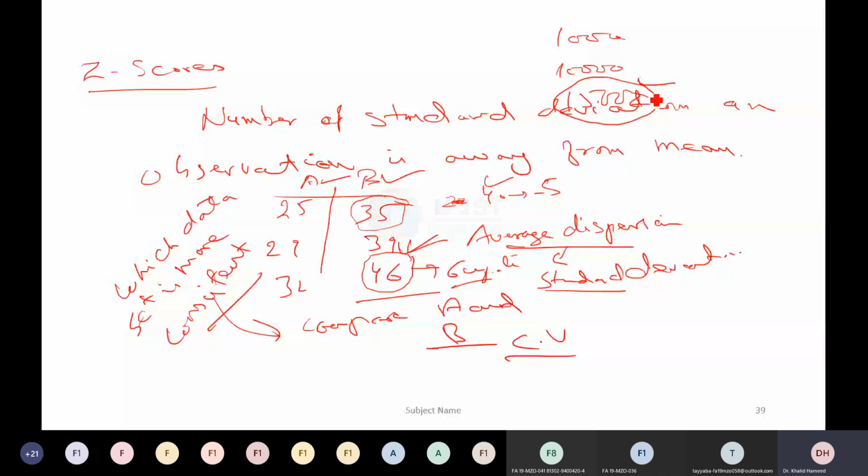So if I ask you to compare this observation, whose units are very, very different, with this one, which one is more away from the mean? In that case, these units are in thousands, and these units are in a few units, 1, 2, 3, 4.